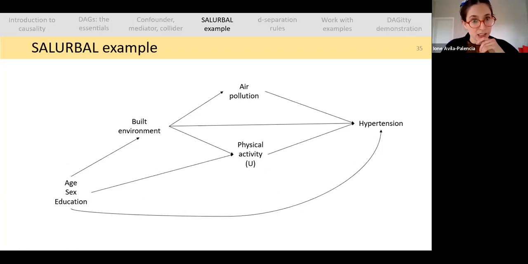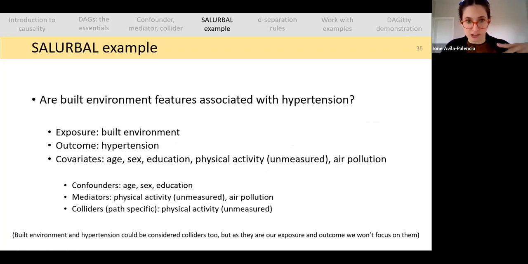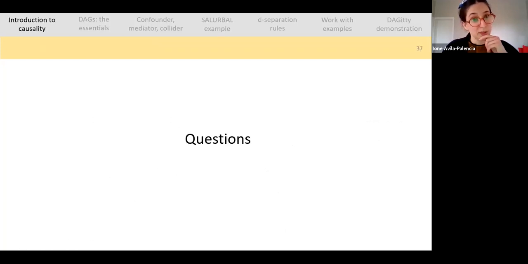Okay? So here is just a summary of what I just said: confounders, mediators, colliders, and also a note about built environment and hypertension. And I don't know if you have any questions about this example.